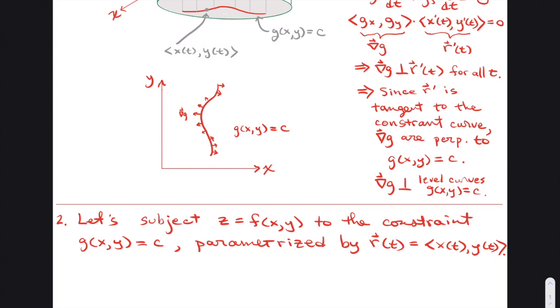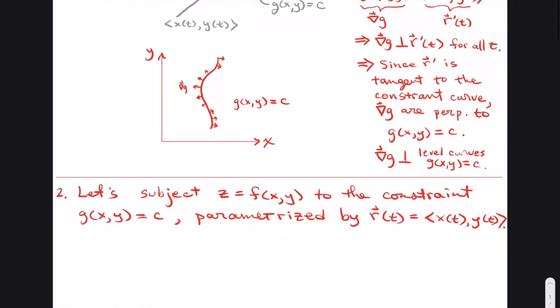Okay? So if we do that, we'll have z equals f of x of t and y of t. Now we're only evaluating z for values of x and y that are constrained to the curve. If we want to maximize this, then we can just take a derivative.